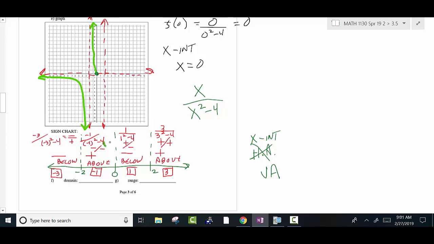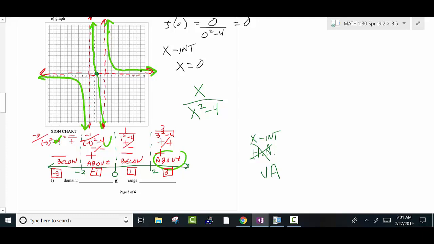Then the next part is below. So between 0 and 2, you're below. So you just do that. And then finally the last part, you're above. In this region, once you get past 2, you're above. So that would go like that towards the horizontal asymptote, and then you just connect like that.